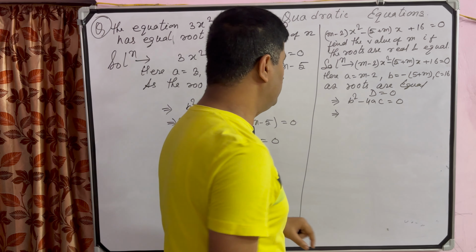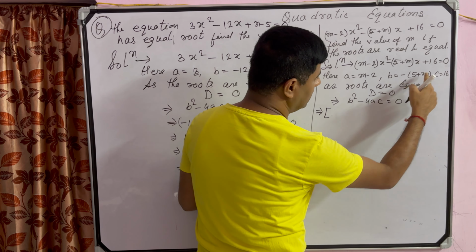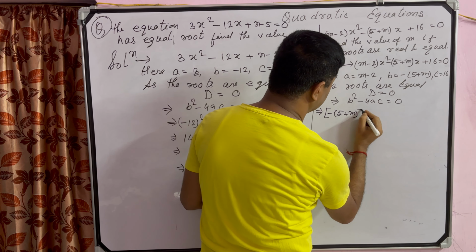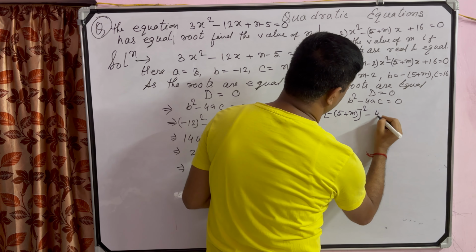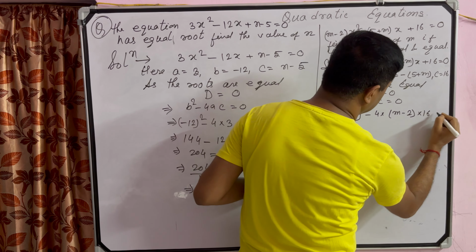Now b square minus 4ac mean to say this one, minus 5 plus m whole square minus 4 into m minus 2 into 16 is equals to 0.